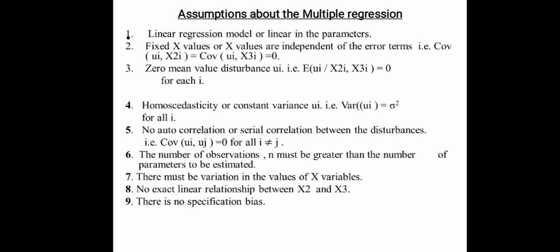Next is fixed x values, or x values are independent of the error term. We are considering two independent variables and one dependent variable, so a total of 3. The two independent variables, x2i and x3i, are not correlated with the disturbance term. For example, in the crop yield estimation, suppose rainfall is an independent variable and crop yield is the dependent variable.